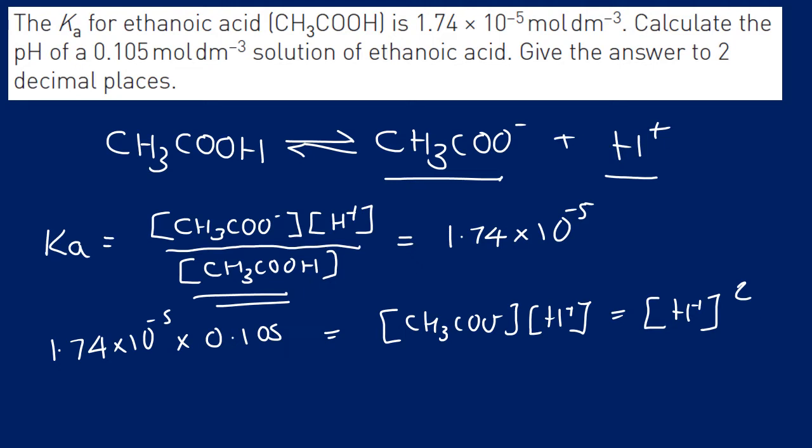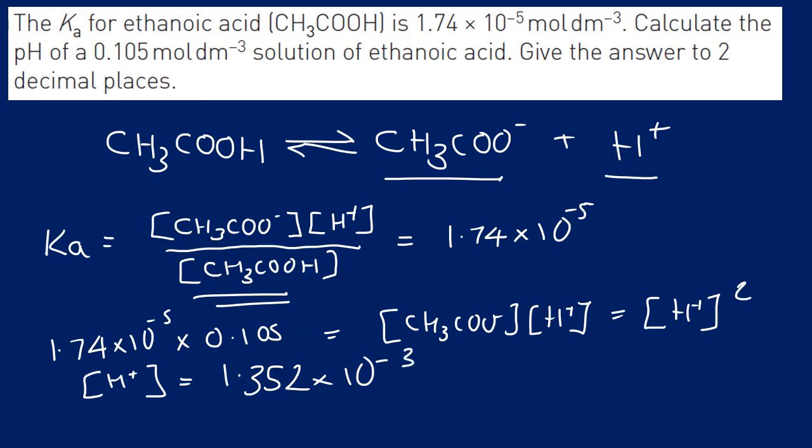So I multiply 1.74 times 10 to the minus 5 by 0.105. I've got an answer, and I'm going to square root my answer to get the H plus concentration, because my answer there is H plus squared. That comes out at 1.352 times 10 to the minus 3.